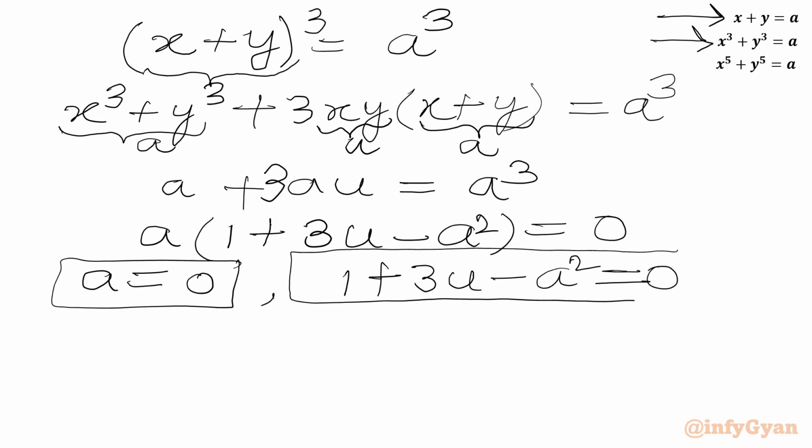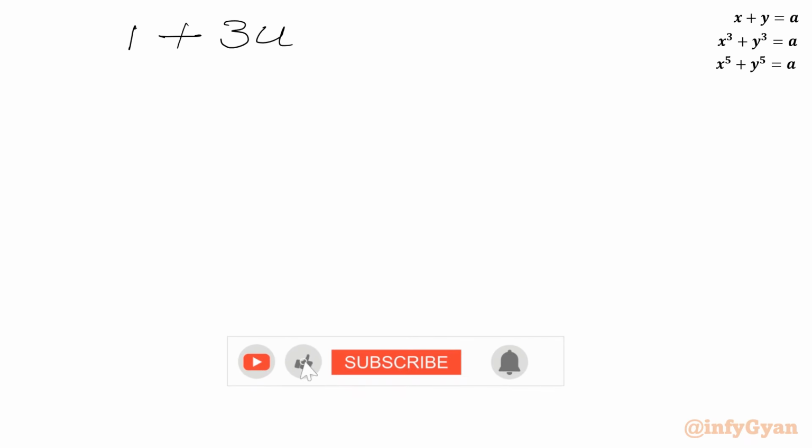Now we have two u values. So we will solve our second equation with the help of known u values. u was a minus 1 and minus of a plus 1. So let me write this equation here. 1 plus 3u minus a square equal to 0.